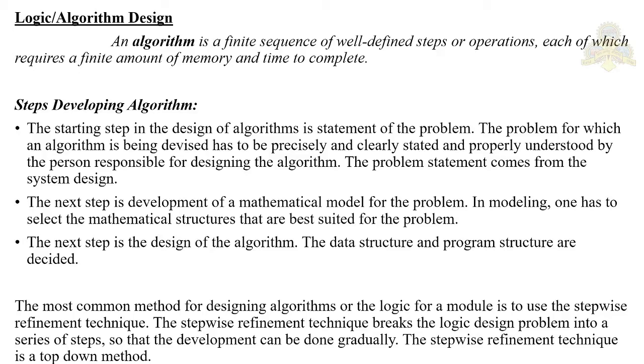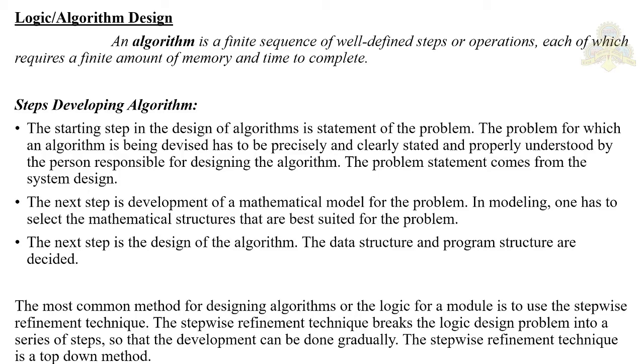Next, we will study the steps in developing the algorithm. The first one is statement of the problem. The problem for which you are building the algorithm should be precisely and clearly stated and properly understood by the person responsible for designing the algorithm. For detailed design, the problem statement comes from the system design. That is, the problem statement is already available when the detailed design of the module commences. The next step is the development of a mathematical model for the problem.